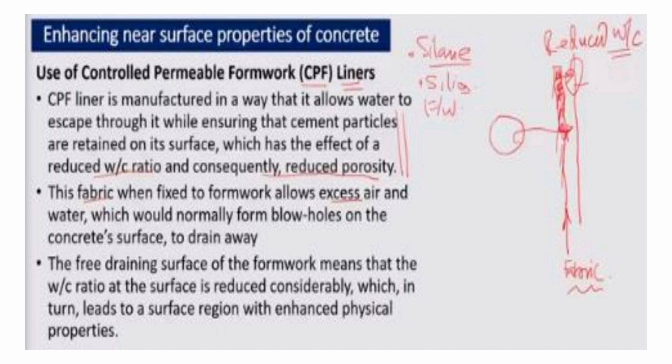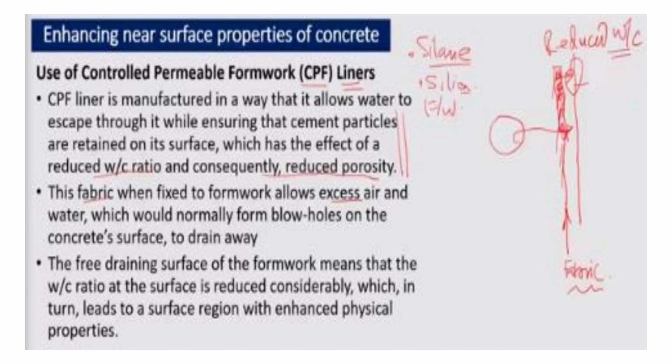This fabric, when fixed to formwork, allows excess air and water, which would normally form blowholes on the concrete surface, to drain away. So the use of CPF liner allows the excess air and water to drain away instead of forming blowholes on the concrete surface, as we all know.